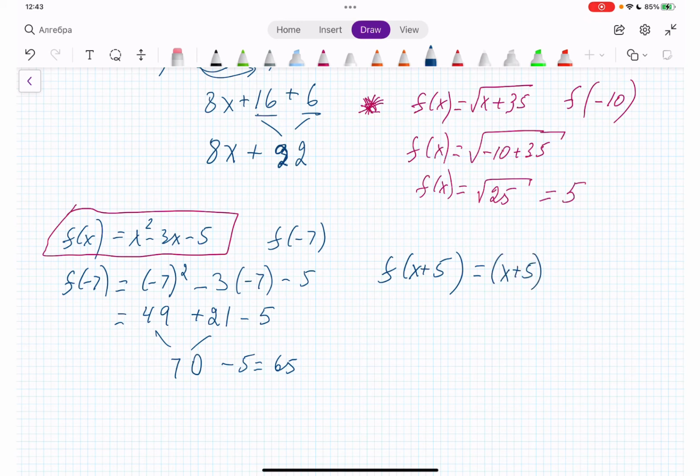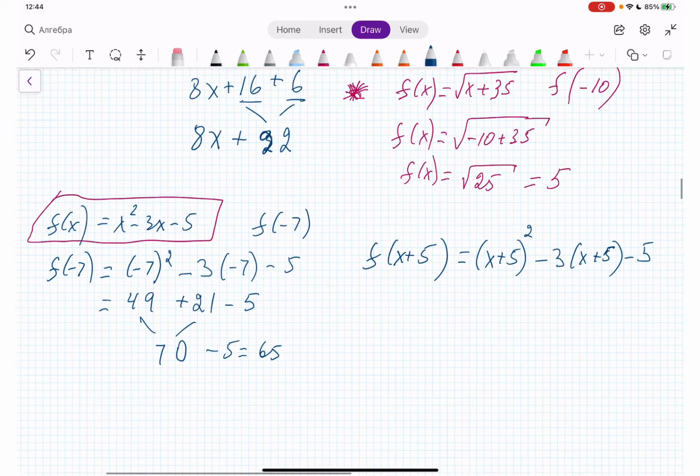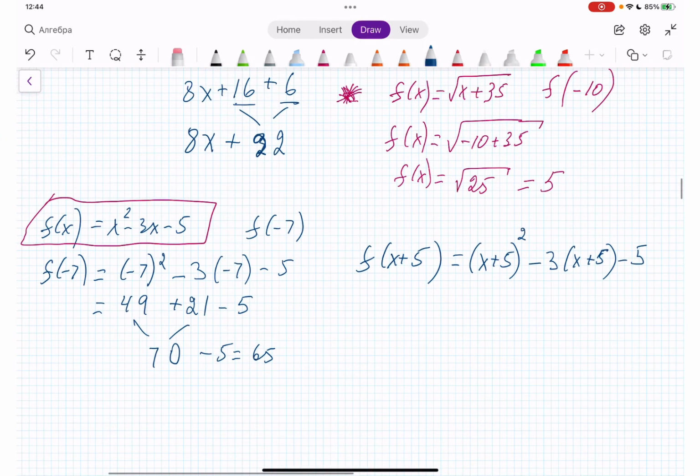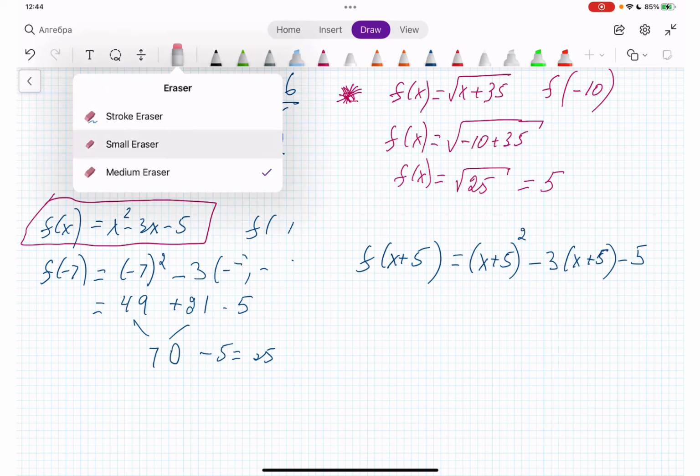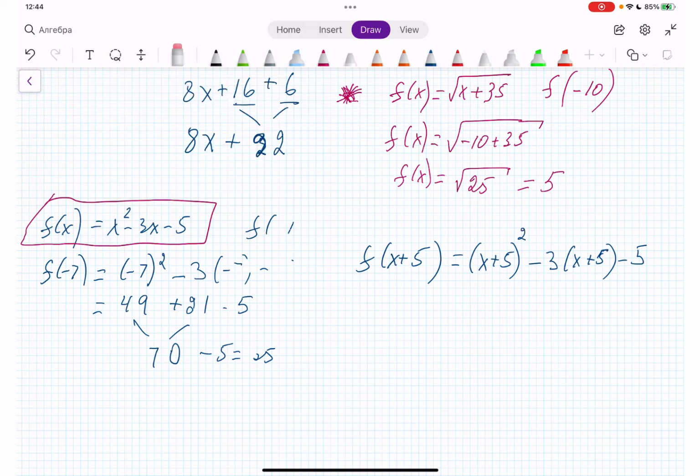Instead of x, we are plugging in x plus 5, squared, minus 3 times x plus 5, and minus 5. Okay, so x plus 5. I'm going to apply here the formula, a plus b, a minus b formula.